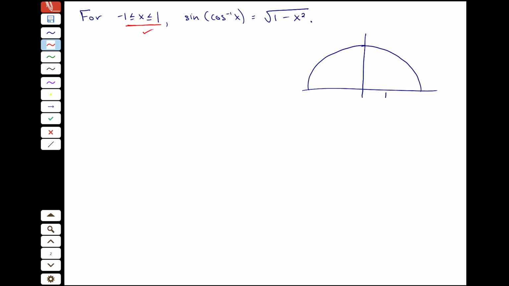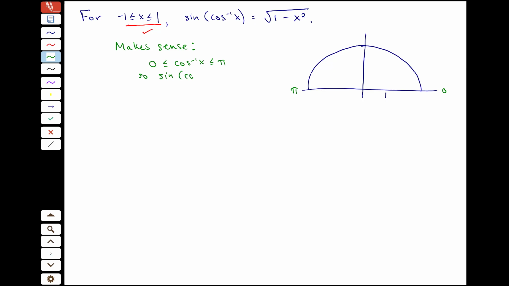Another reason why this makes sense is because if we look at the top half of the unit circle, we know that arccosine of x is always going to be between 0 and pi. So the angle theta that we found in our work on the previous slide is always going to be between 0 and pi, so we're always looking at the top half of the unit circle. And so values of sine on the top half of the unit circle are always going to be positive.